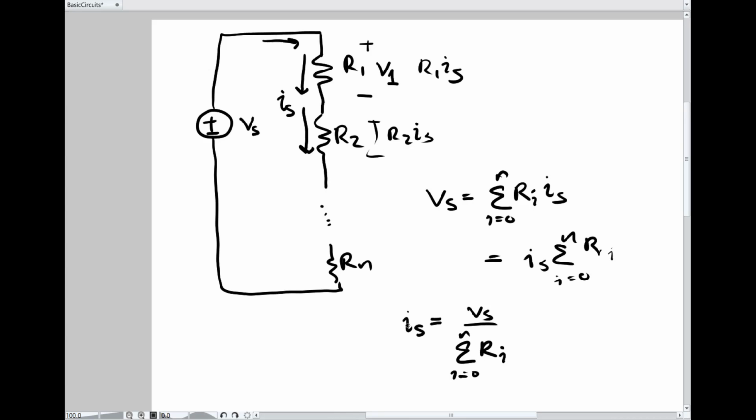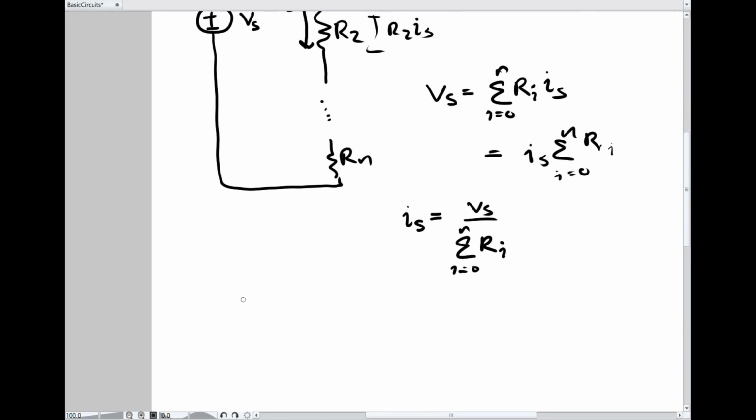So now that I know my current, to find the voltage across each individual resistance, I just need to multiply by that resistance, because voltage is current times resistance. So V1, the voltage across the first resistor, is equal to I source, which is Vs over the sum over all the resistances, times R1.